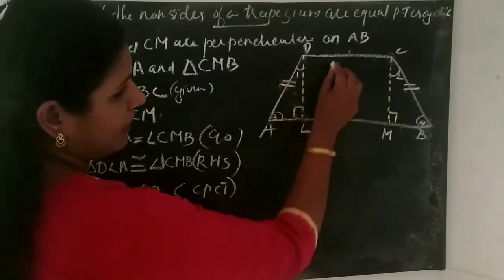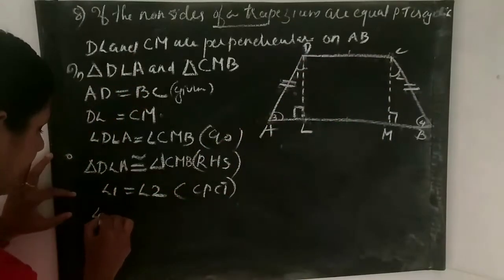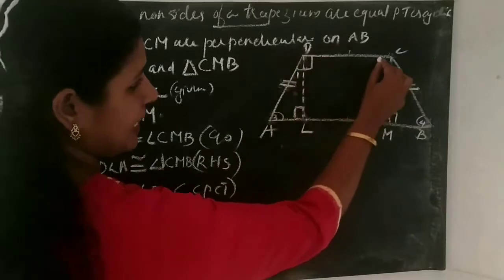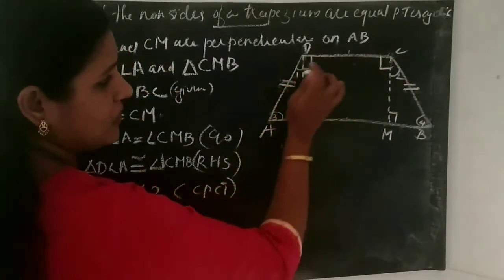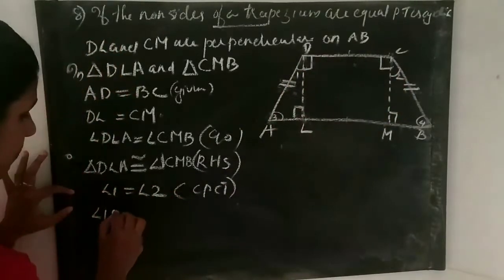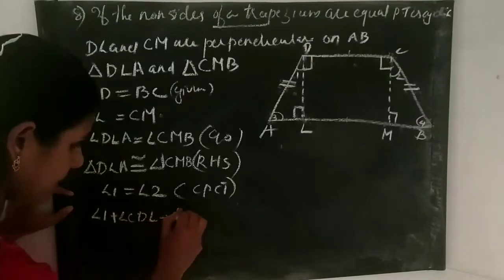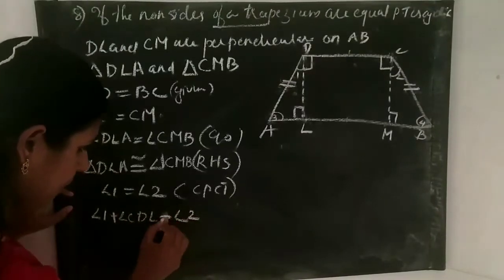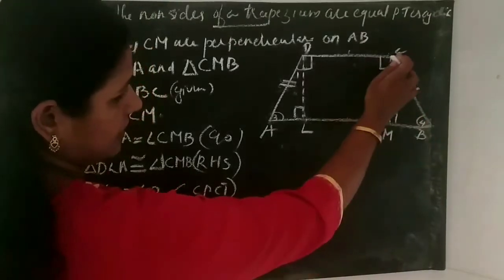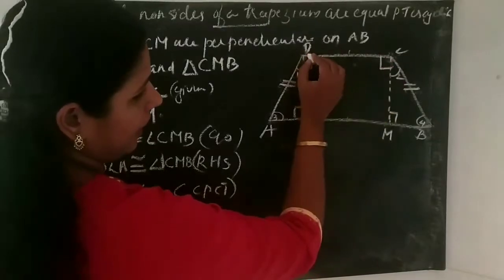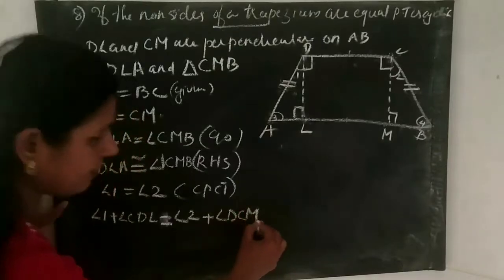See children, we add this angle CDL to angle 1. Because this is 90 degrees and this is also 90 degrees, we add these two angles on 1 and 2. That is angle 1 plus angle CDL equals angle 2 plus angle CDL, and here we add angle DCM.